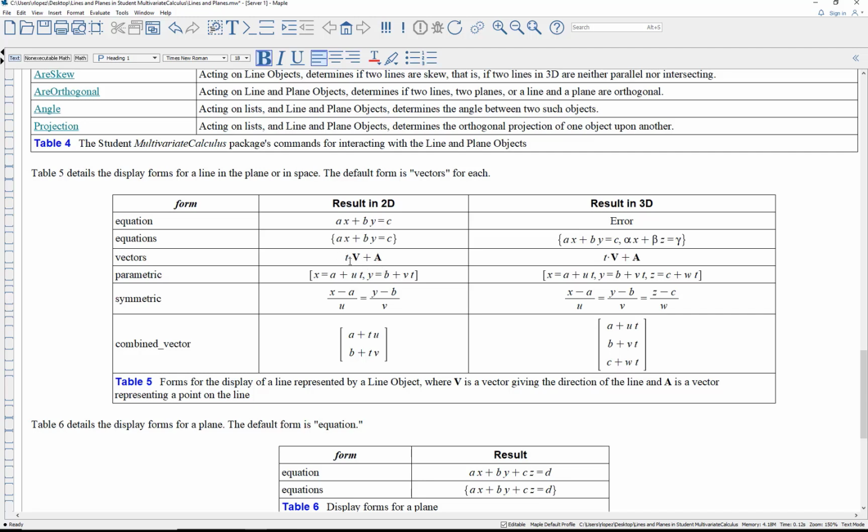There's your parameter t, direction vector, fixed point. If you say parametric, you'll get parametric equations. If you say symmetric, you get the symmetric equations. If you say combined vector, then this product is simplified, and you have the fixed point here, parameter, and the direction components.